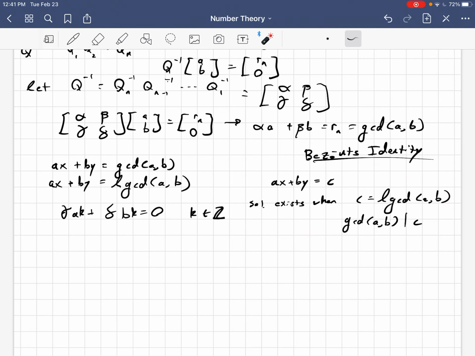This was just one solution, but now we can actually find a whole family of solutions. When I was going through this right here, this generates one particular value of x and one particular value of y, namely alpha and beta.